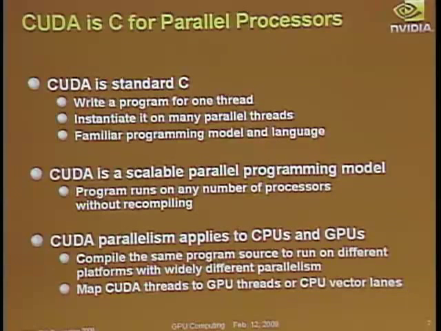And we also have a little bit of internal effort underway to make this work on CPUs, where we map CUDA threads onto vectors inside a CPU, whereas on GPUs we map CUDA threads really to a hardware individual GPU thread.